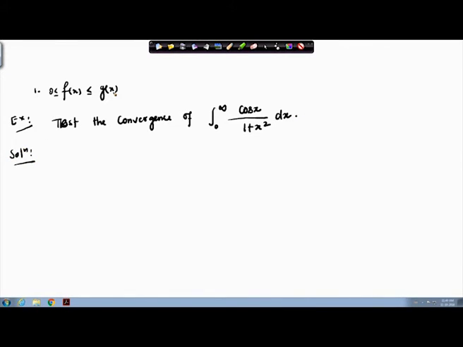So, this one was our comparison test of inequality type, and the second one is comparison test of limit type. So, let us see what kind of comparison test we can use here.